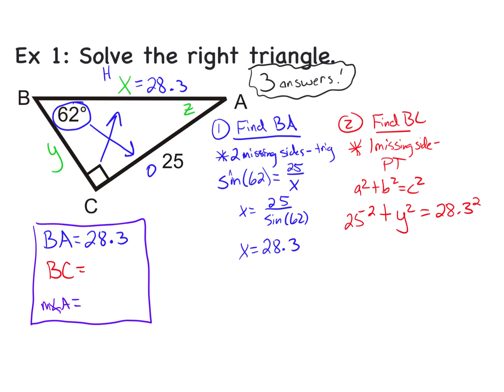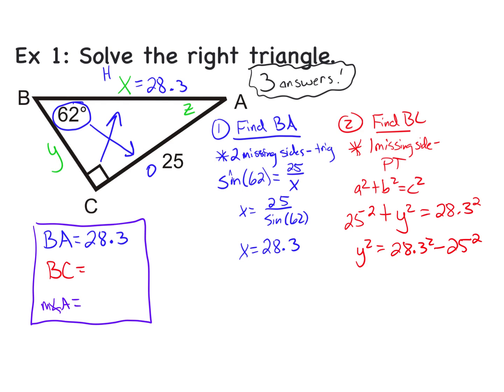All right, with Pythagorean theorem, I'm going to remind you of a shortcut. I know I need to subtract that 25 squared to get it to the other side. So y squared is equal to, keep the bigger number first, 28.3 squared minus 25 squared. If you don't remember how to do this, go back in your notes to Pythagorean theorem, or go back and watch those videos. And how do I get rid of that squared?